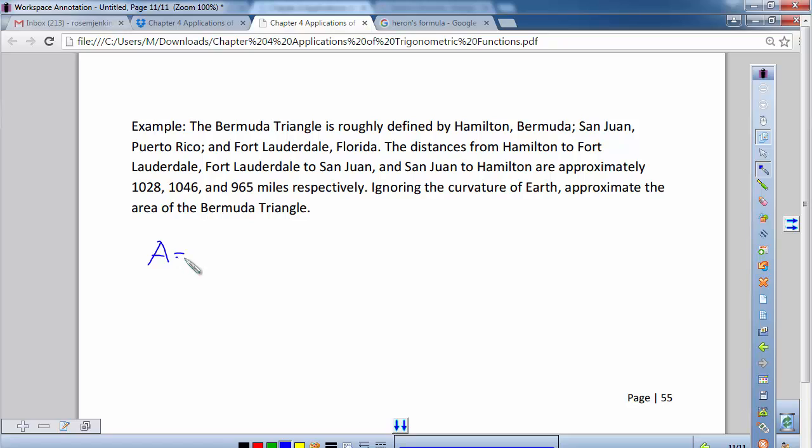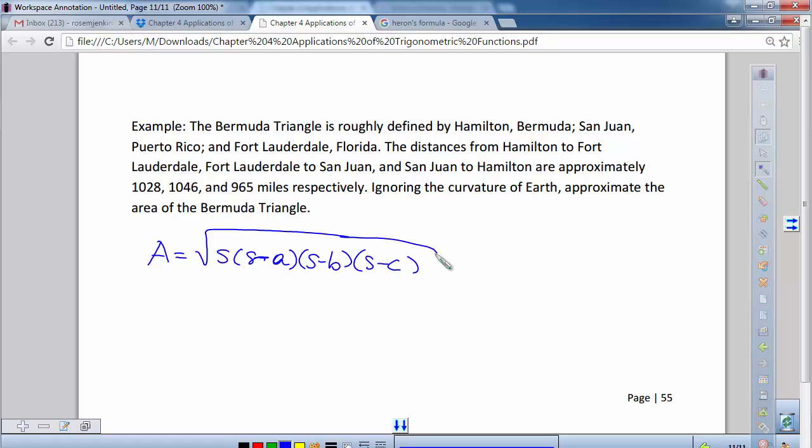Of course, we know what the formula looks like already. It's the square root of s times s minus a times s minus b times s minus c. So I need to know what that semi-perimeter is. Don't forget that s represents the semi-perimeter. So we get 1/2 of 1,028 plus 1,046 plus 965.